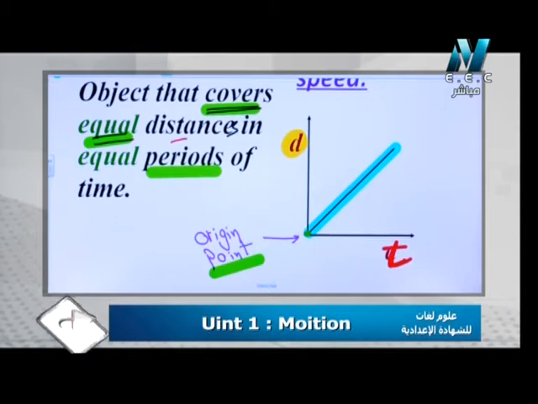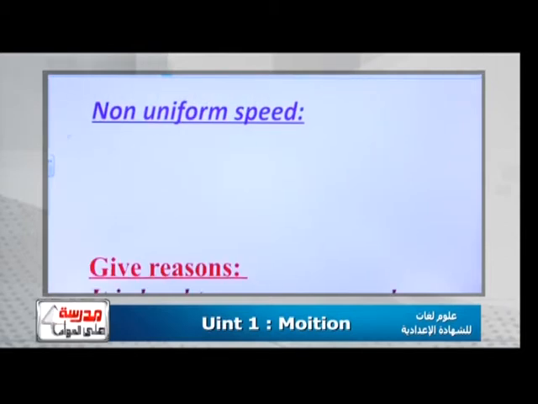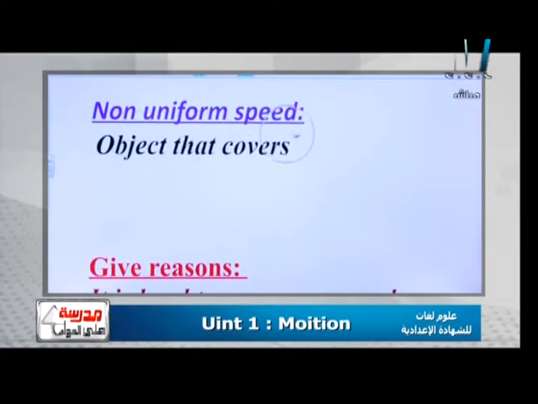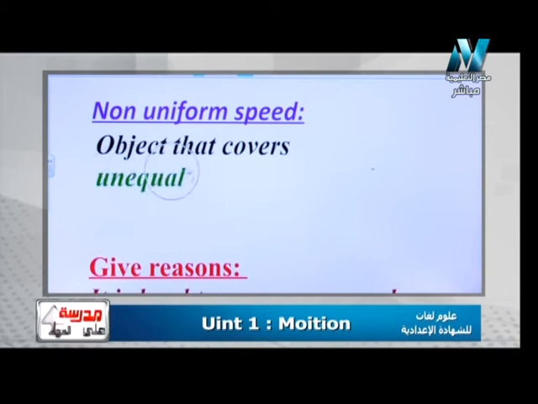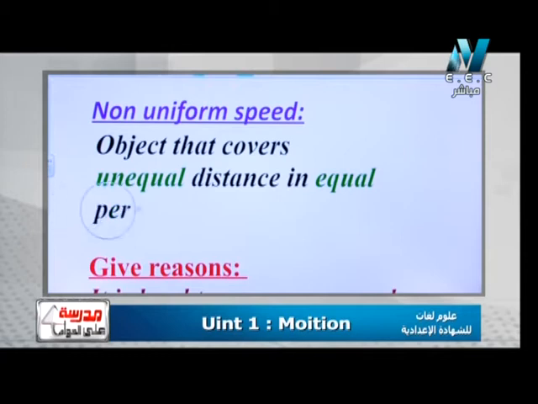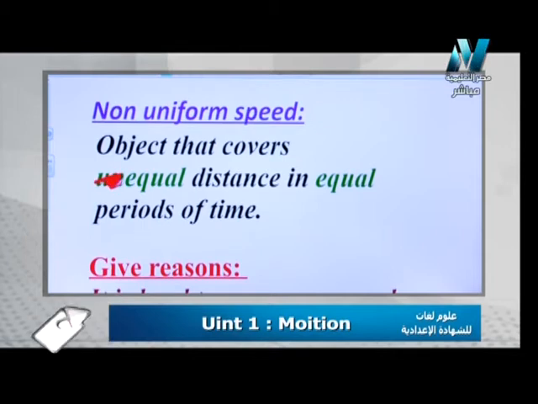Now if we have another type, non-uniform speed, I make something unequal as you like. Someone may ask me: an object that covers what? Unequal distances in equal periods of time. Someone may say, can I put equal here instead of unequal?